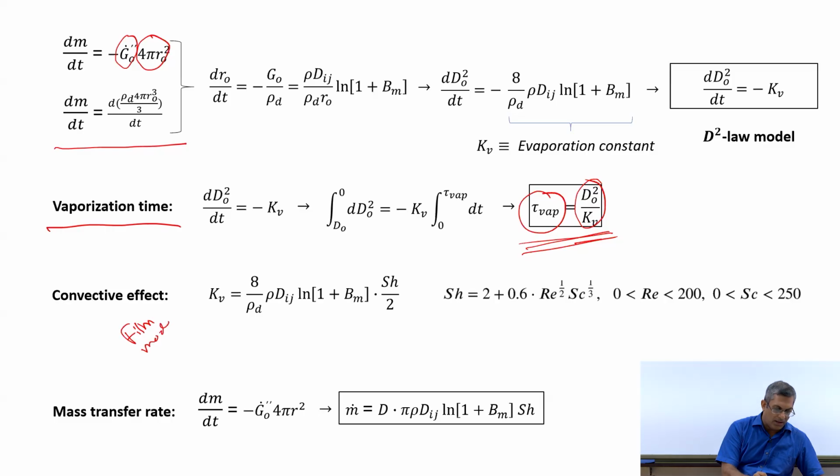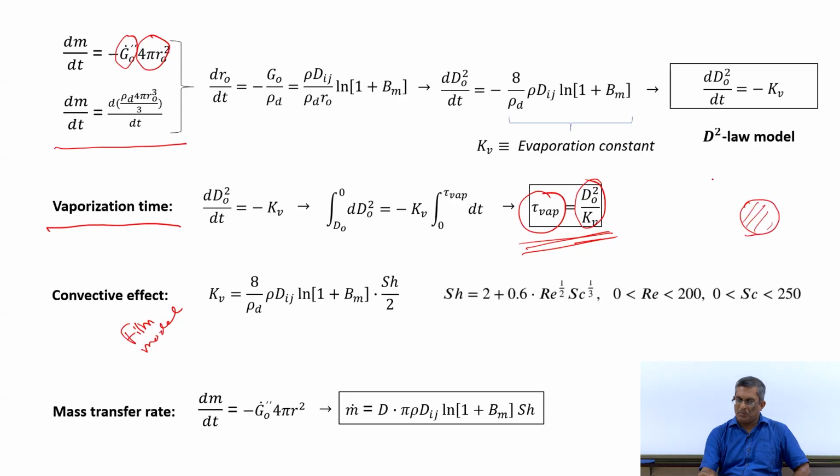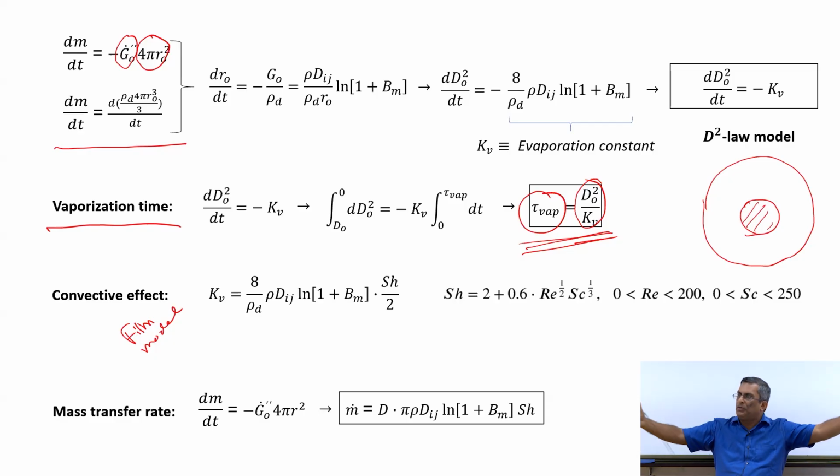It is called the film model, where we consider that you have a droplet here, and in the previous case, our vapor could go up to infinity theoretically. But now here we assume that if you have a convective flow, the location or the radius where vapor concentration is 0 is not at infinity, but at some other finite distance.